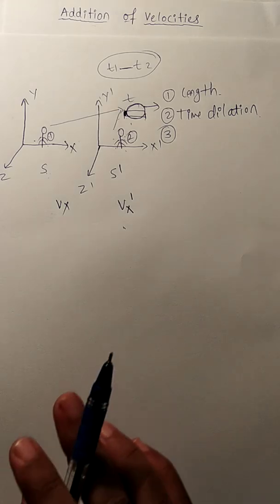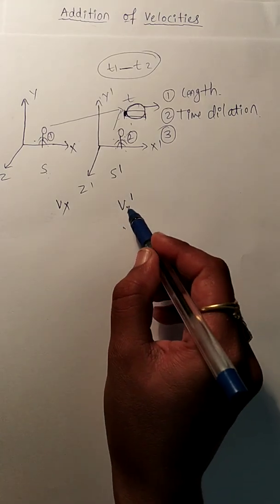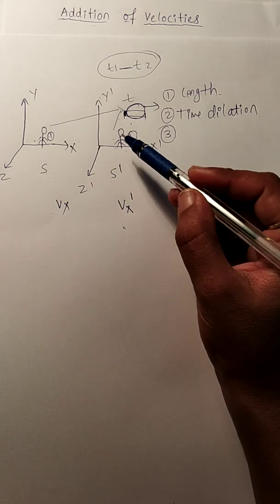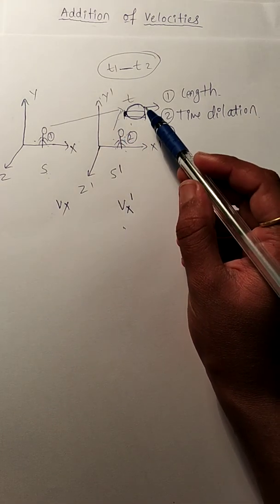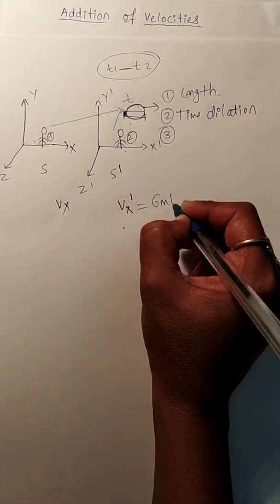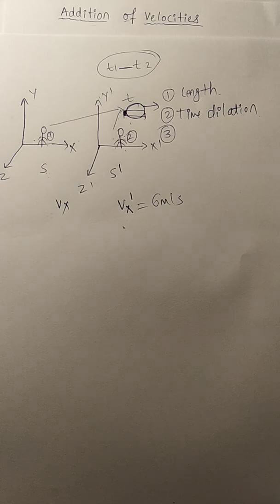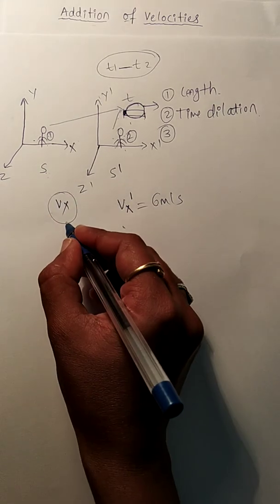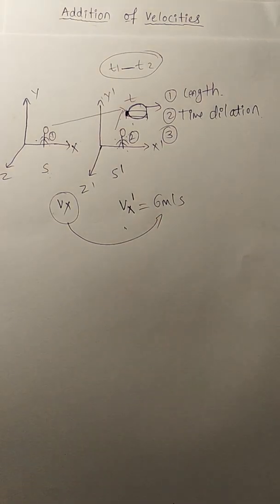So now we are going to find this φx dash and φx value. Suppose the second person calculated the velocity, and let it be 6 meter per second according to the second person. Then if you know this, with respect to the first person, how will the velocity look, how will he calculate the velocity?